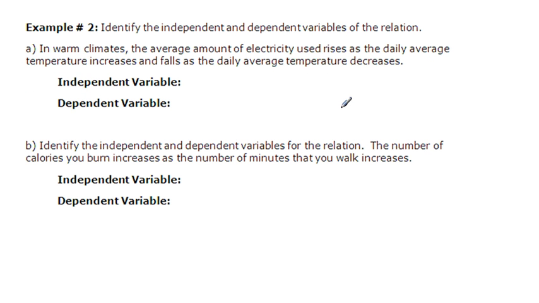It says in warm climates, the average amount of electricity used rises as the daily average temperature increases and falls as the daily average temperature decreases. So the independent variable should explain the dependent variable. So I would think that the temperature outside is going to explain how much electricity you use.